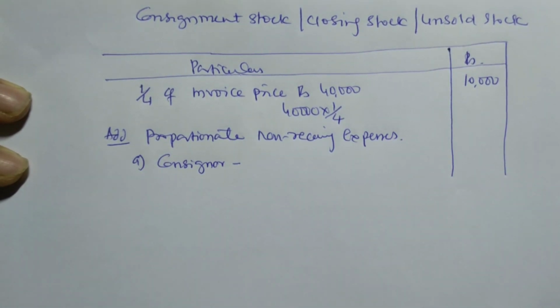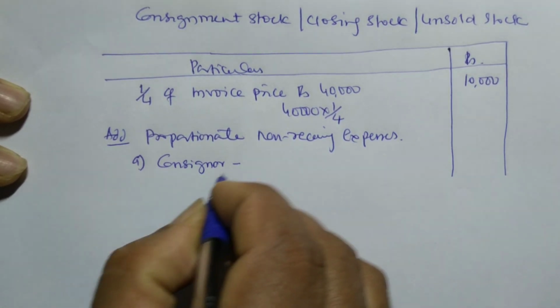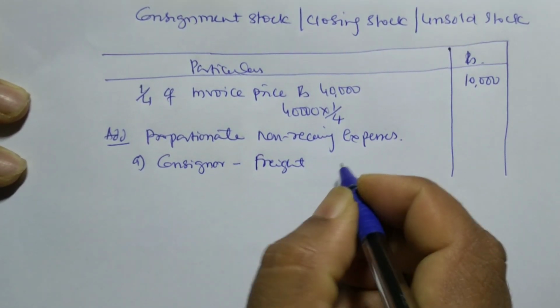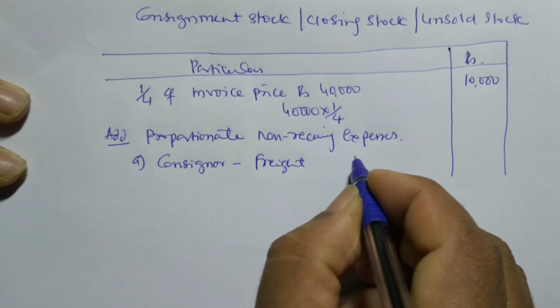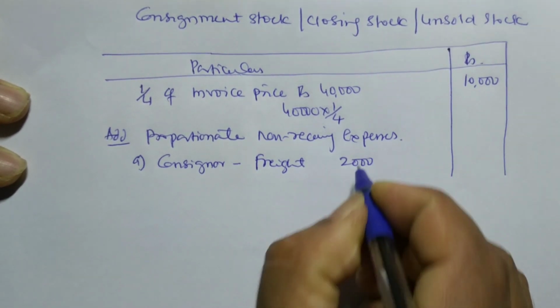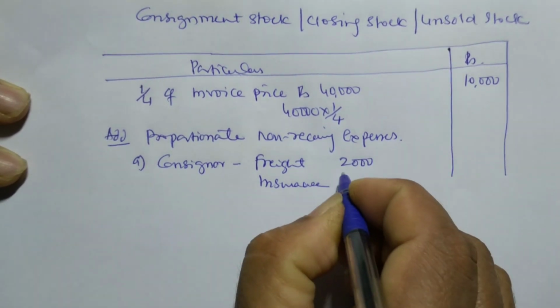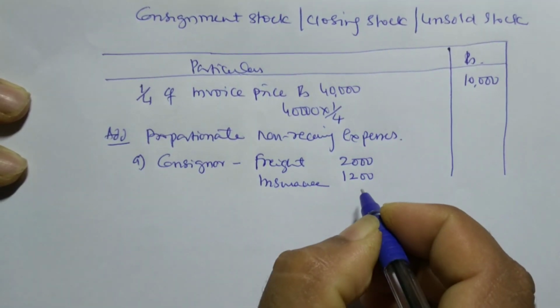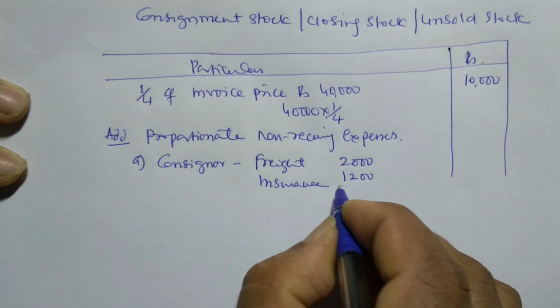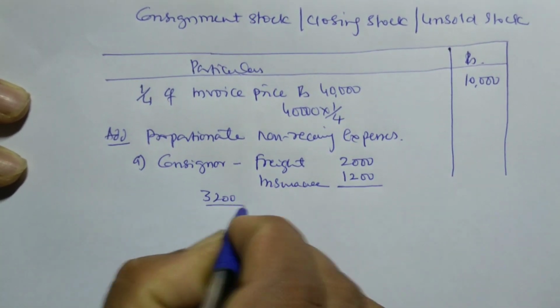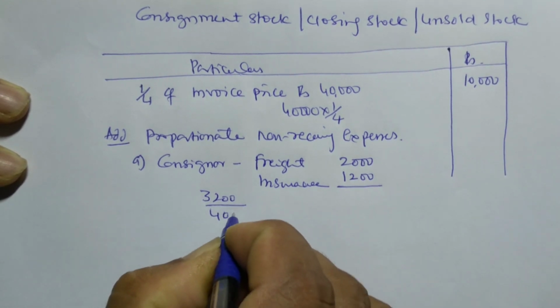In this problem, non-recurring expenses incurred by the consignor are freight rupees 2,000 and insurance rupees 1,200. So the total amount is 3,200. This is incurred for 40,000.